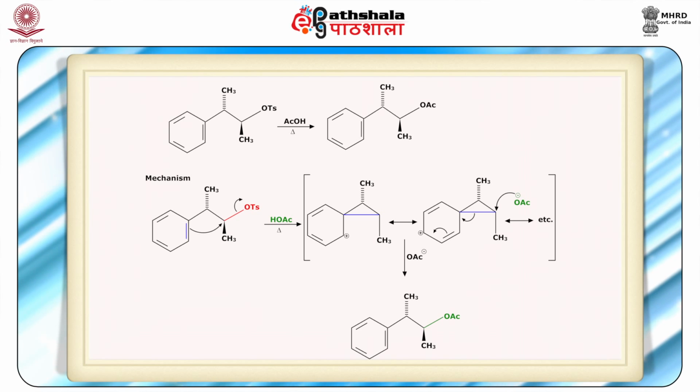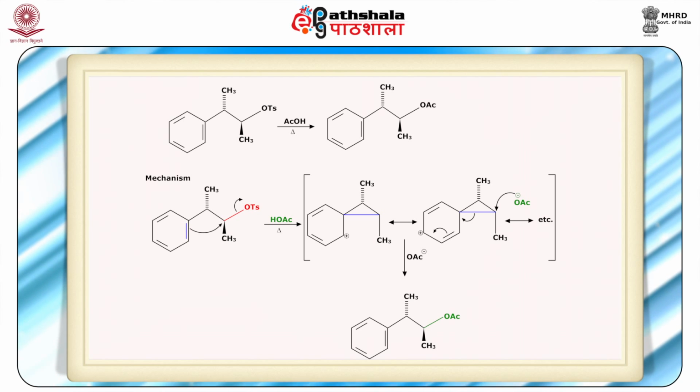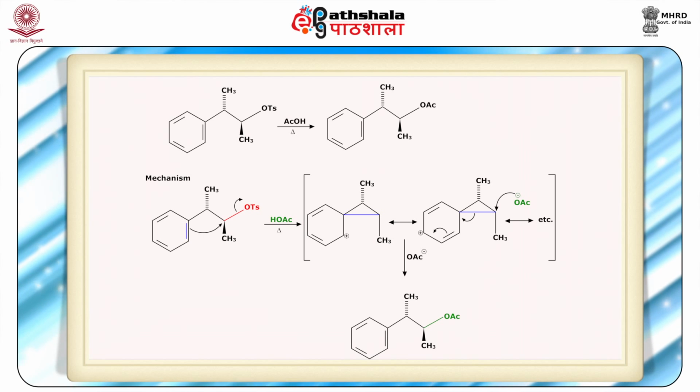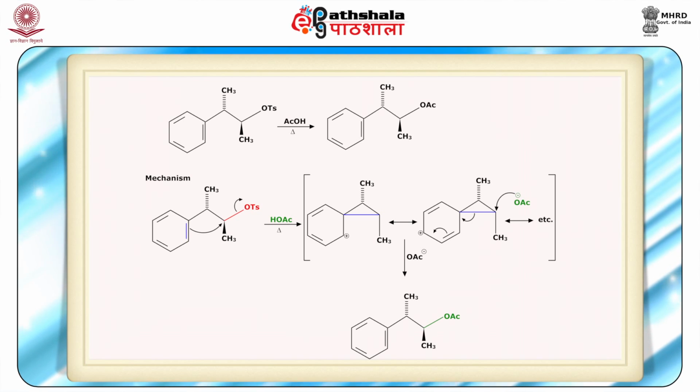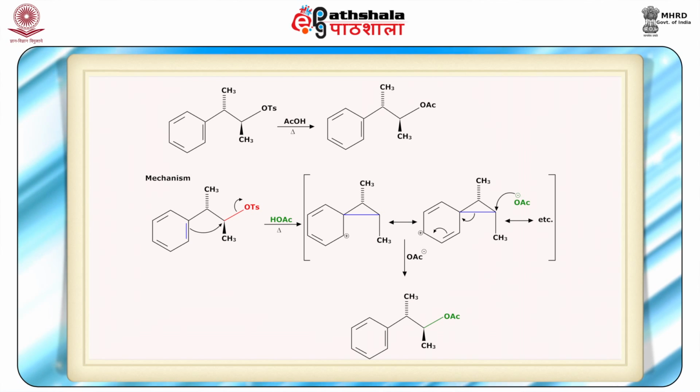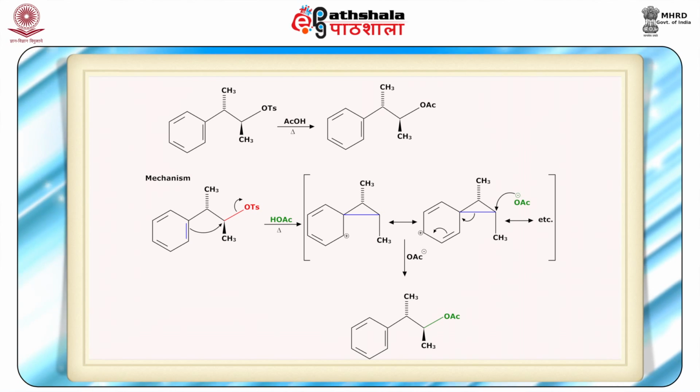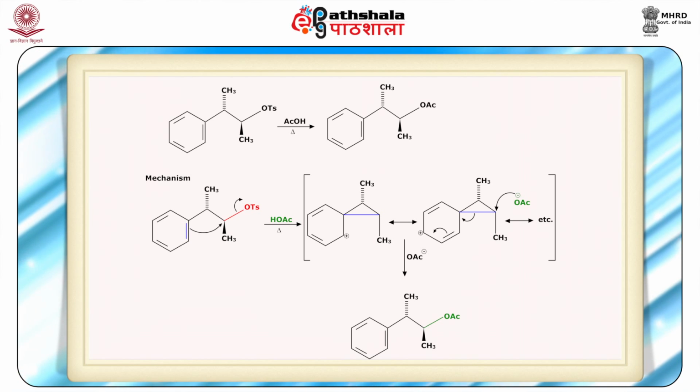As these pi electrons attack at this particular carbon attached to OTs, the OTs is lost and we get this 3-membered cyclic ring and this carbocation, and this carbocation will be delocalized via the benzene ring. Once we get this, it will be further attacked by OAc minus as shown here.